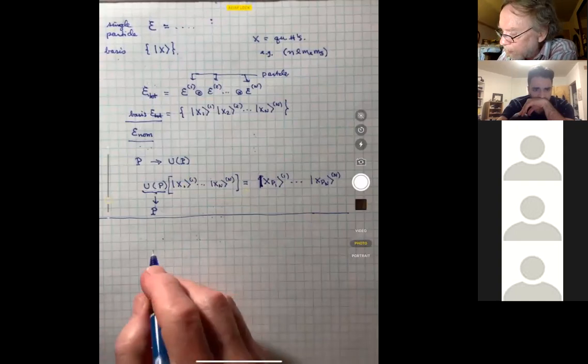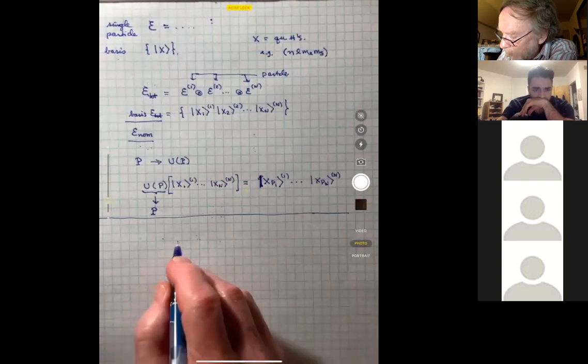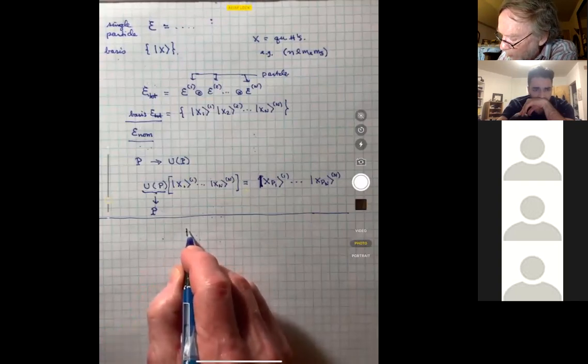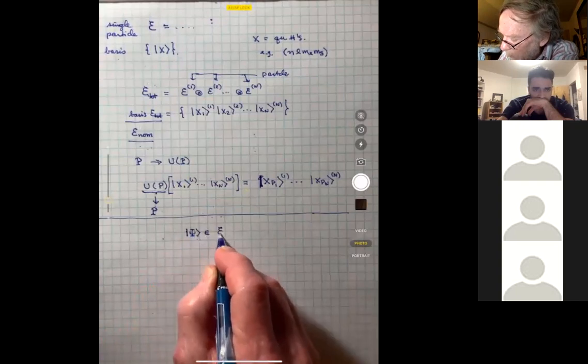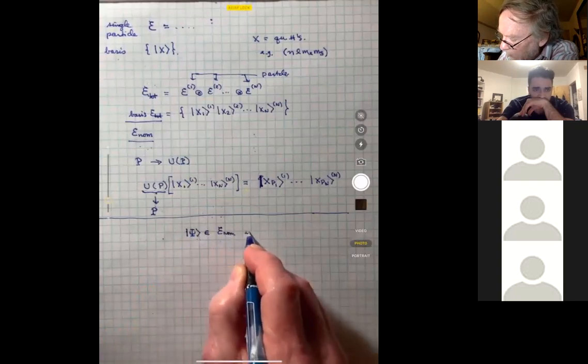So it works like this: we'll say that a state psi, which is contained in the nominal Hilbert space, is physical.